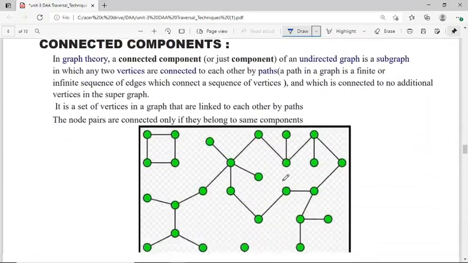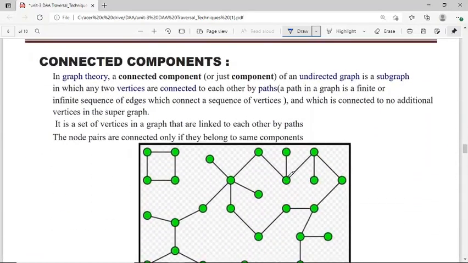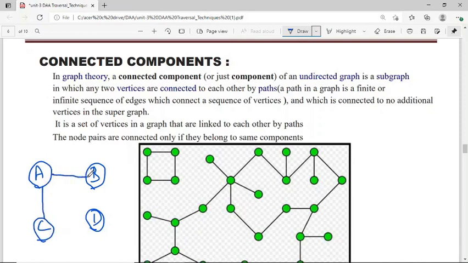Now we will see the connected components. What is a connected component? In graph theory, a connected component, or just component, of an undirected graph. Undirected graph means, for example, A, B, C, D. These four vertices are there, and I am connecting them, so I am giving the arrows.